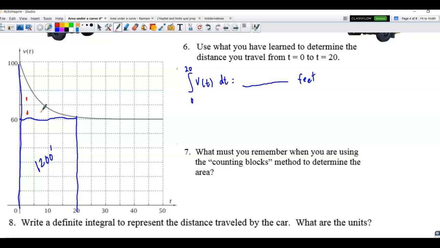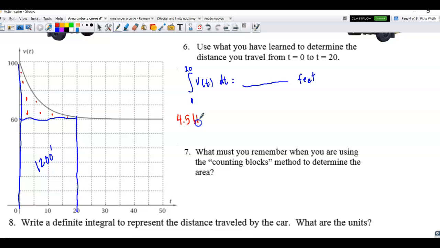This one is close enough as well, so that's 3. This one and this one together make 4. And then this little piece, this little piece, and this little piece maybe make a half. So I'm going to say that was 4.5 blocks.